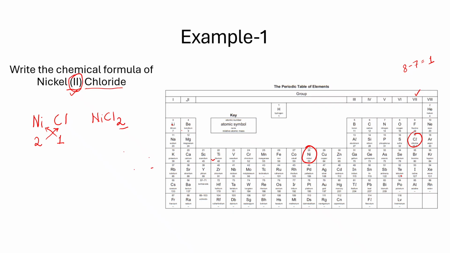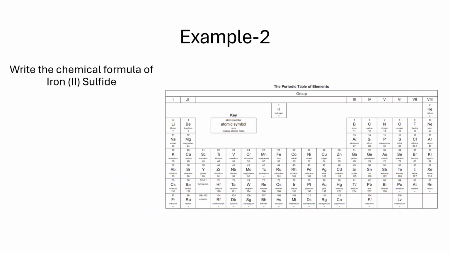Let's take another example. Let's take the case of iron 2 sulfide. So this is where iron is placed in the periodic table. In case you are wondering as to why the symbol of iron doesn't actually resemble its modern name, that's because it's derived from its Latin name, which is ferrum.